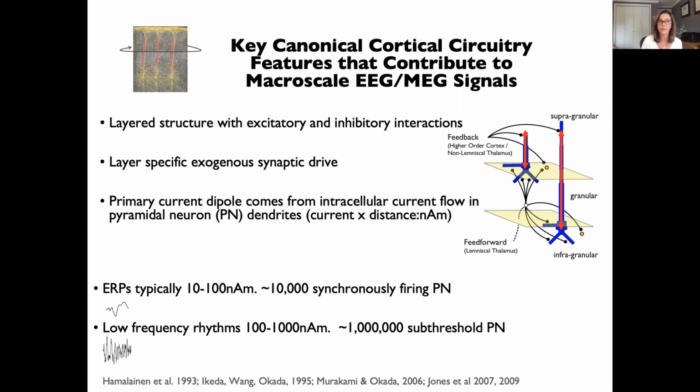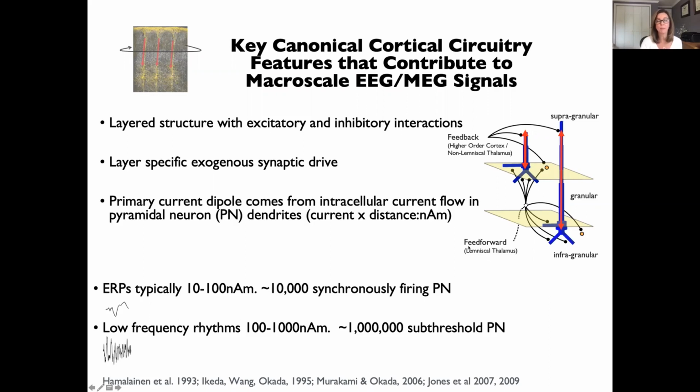Low frequency oscillations, alpha rhythms, beta rhythms, gamma rhythms, they tend to be larger in amplitude, on the order of 100 to 1,000 nanoampere meters, and they're believed to be generated by the subthreshold activity of on the order of 1 million pyramidal neurons. And so this is the scale of neuromodeling that we built into HNN.